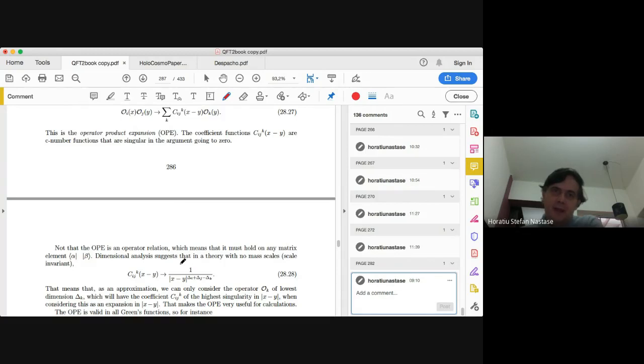So by analyzing the dimension, it should be the dimension of the operator I plus the dimension of the operator J minus the dimension of the operator K. Since it goes to 1 over x minus y at very small x minus y, it should be 1 over x minus y to the power delta I plus delta J minus delta K.